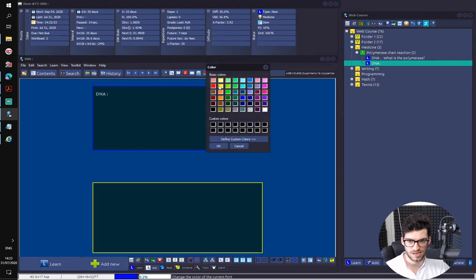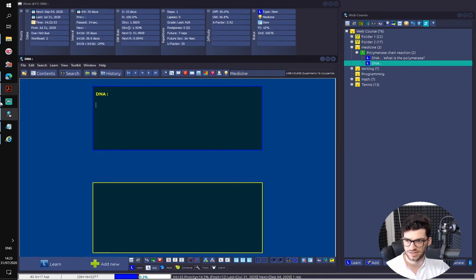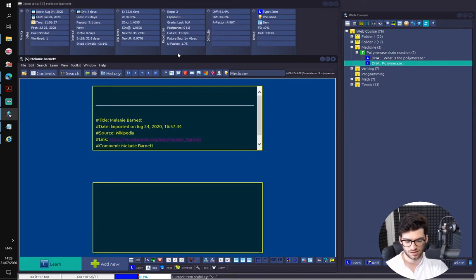So you say DNA, give it a nice yellow, and polymerase. Okay, control space. When you go, you see that it's yellow just to control space, so it resets. Sometimes it doesn't work. If it doesn't work, just delete everything until you reach the column.